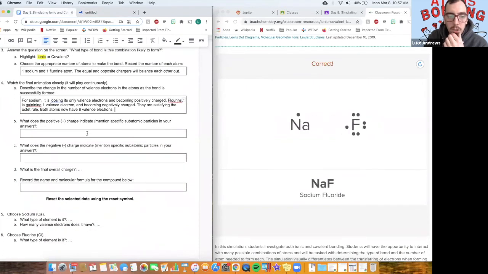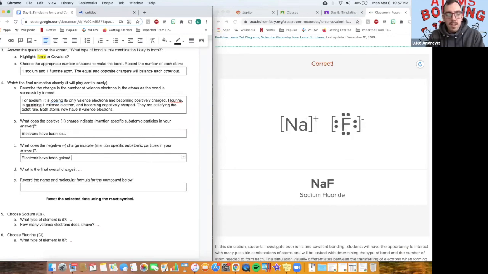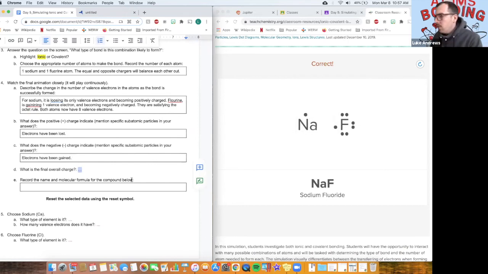What does the positive charge indicate? Mentioned subatomic particles. Positive charge indicates that electrons have been lost. What does the negative charge indicate? Electrons have been gained. What's the final overall charge? Well, what is the final overall charge if we have a +1 and a -1?